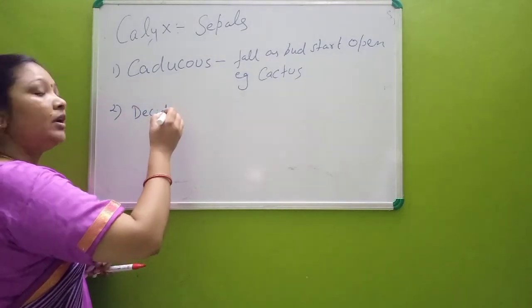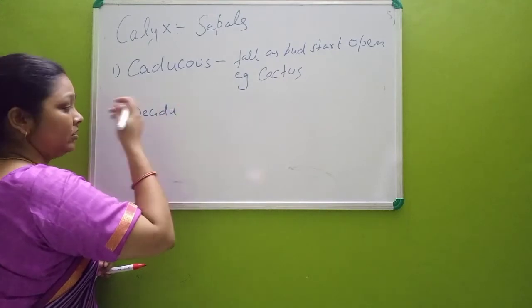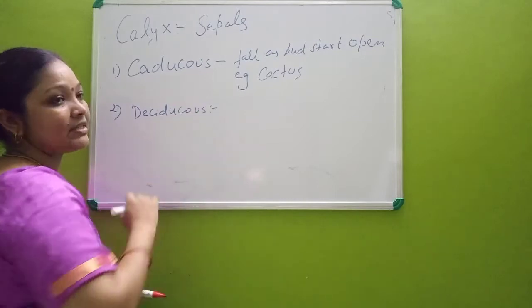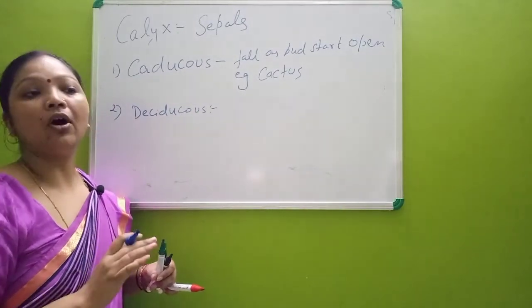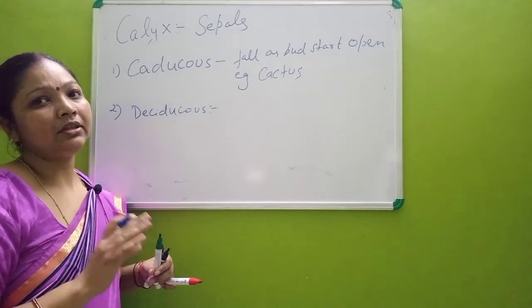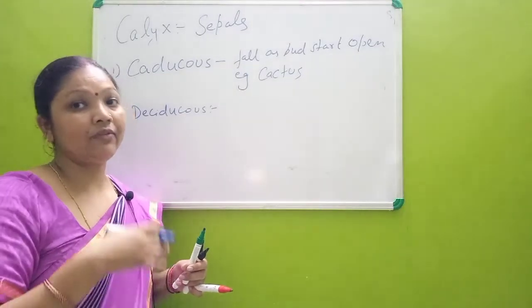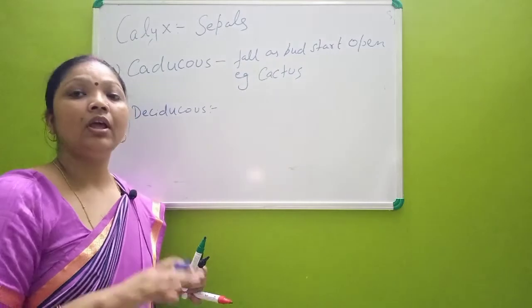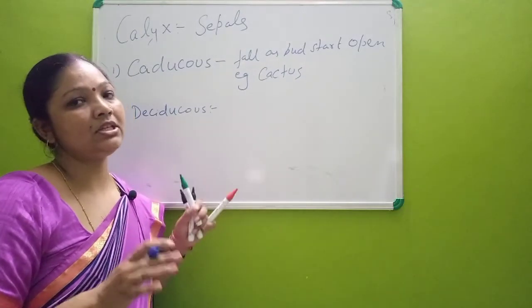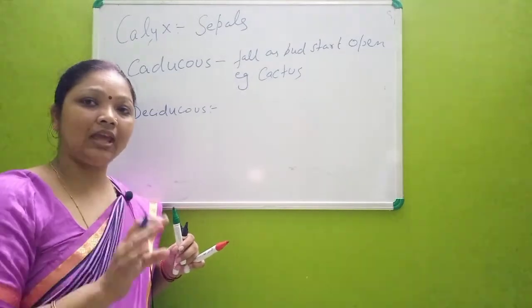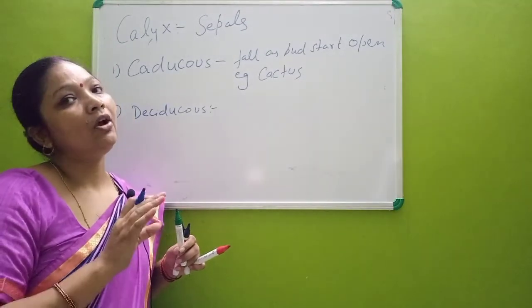Now the second type of sepals is called deciduous. Deciduous means they fall but take much more time. When fertilization occurs and the petals fall, then along with the petals the sepals will also fall off.